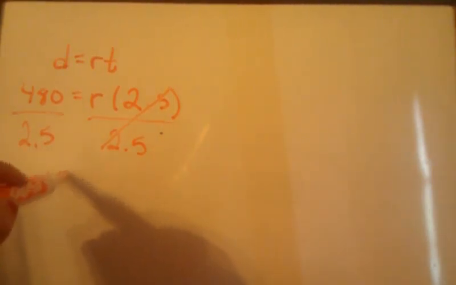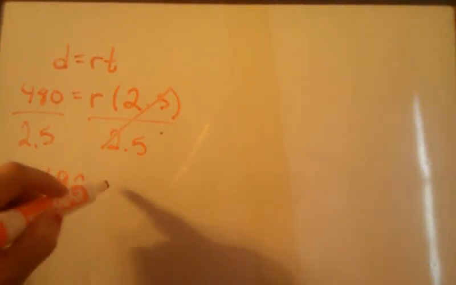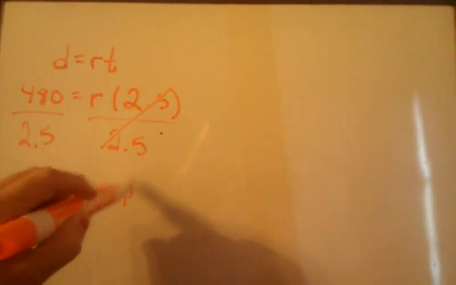Those cancel out. So let's use our calculator and figure out what is 480 divided by 2.5. Okay. I got 192. Now it asked what is the rate. So 192 what? Miles per hour. So my answer is 192 miles per hour.